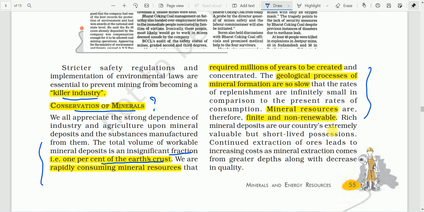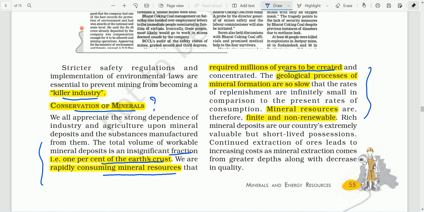And we are rapidly using mineral resources that required millions of years to be created. To form a particular mineral requires millions and millions of years, but we can use thousands of metric tons of minerals in a single day.